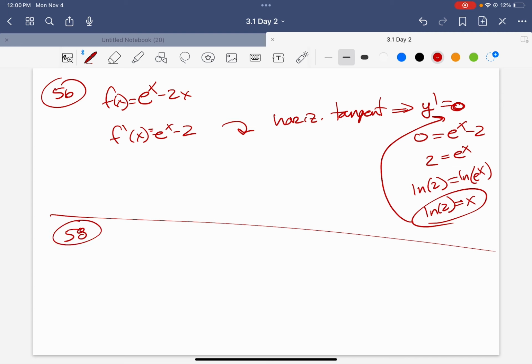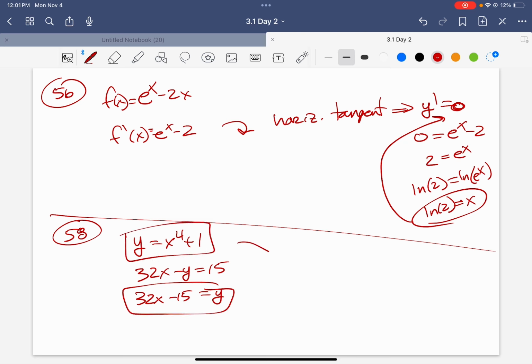We're almost done. 58. Find an equation of the tangent line to this curve. Okay, so I want to know when this curve is parallel to this curve. So what I'm going to do first is get it in a form I like, which is 32x minus 15.